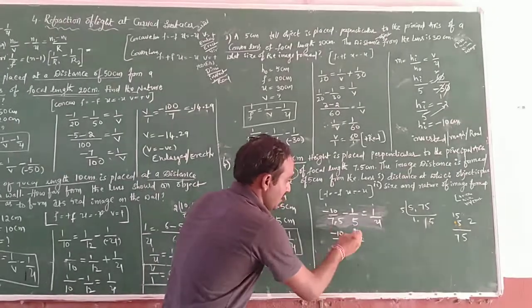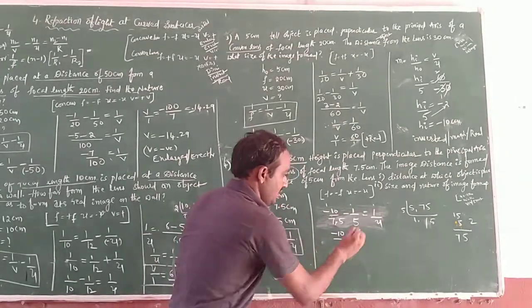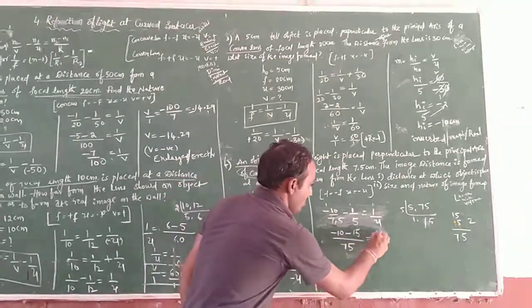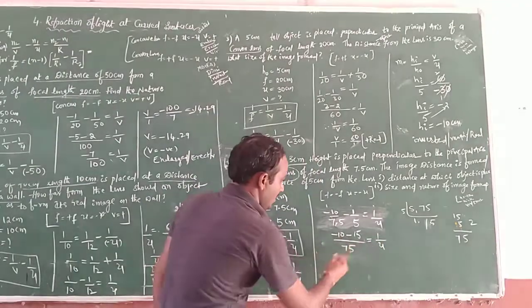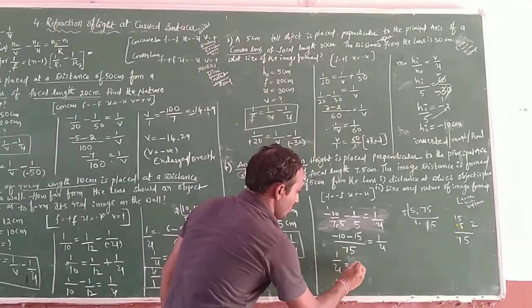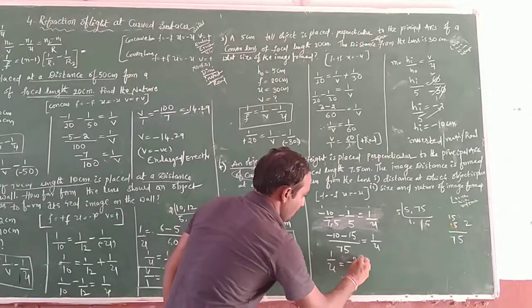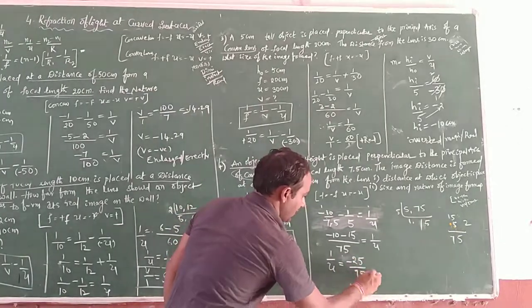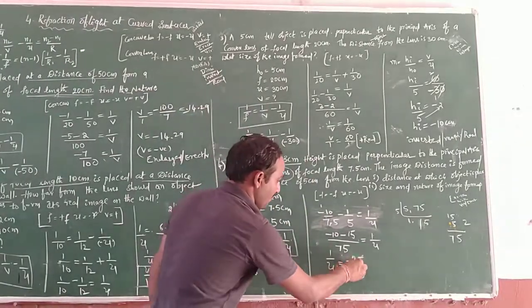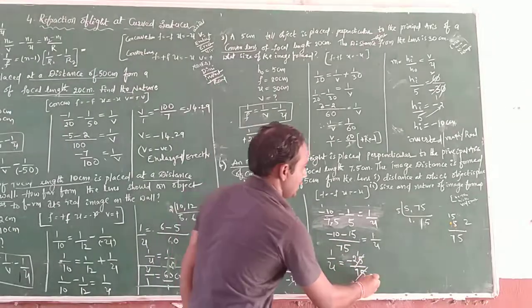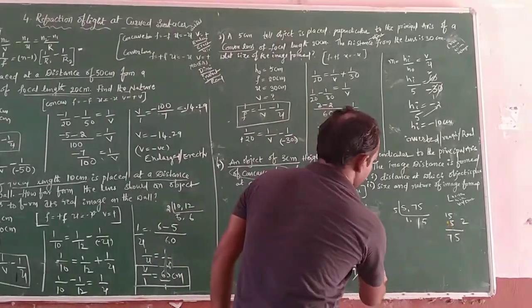And 5 goes 15 times, so 15. So 1 by u is equal to minus 25 divided by 75.